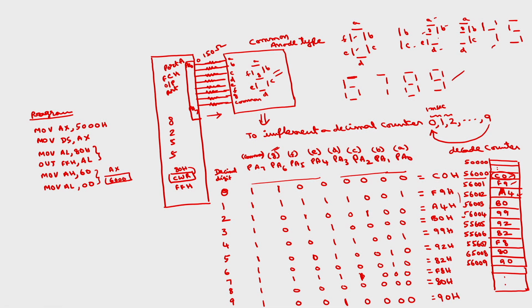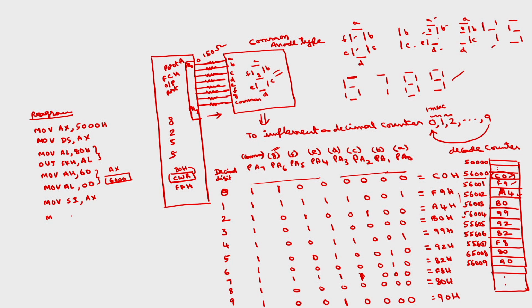In the location with 6000 offset we have the code corresponding to 0, which is C0. So, we take move SI comma AX, so SI holds 6000H where the 0 code is available.